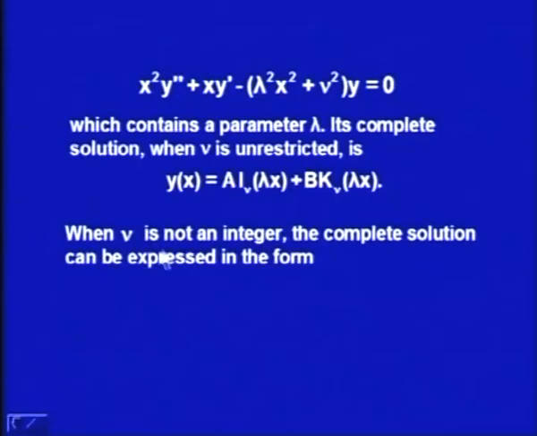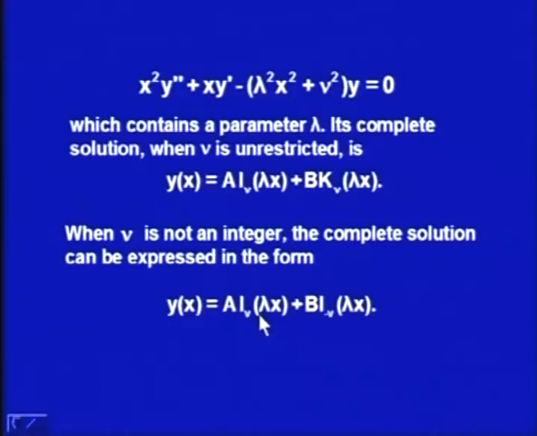Now, when nu is not an integer, the complete solution may also be expressed as y(x) equal to a times I nu (lambda x) plus b times I minus nu (lambda x), because we know that I minus nu (lambda x) is independent of I nu (lambda x).